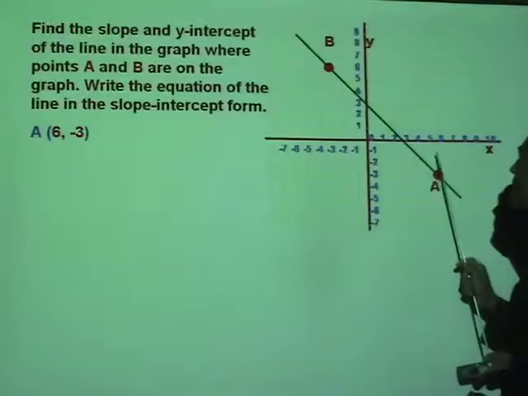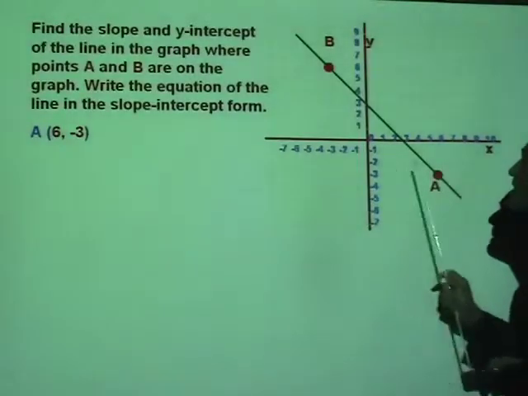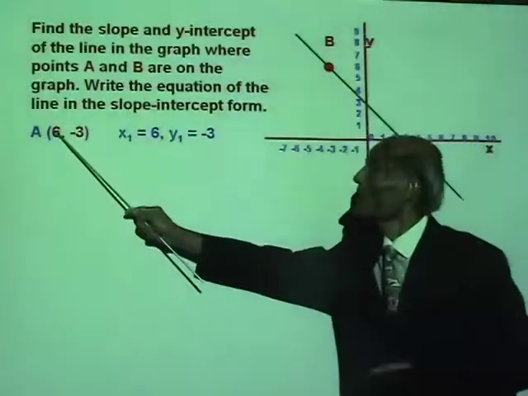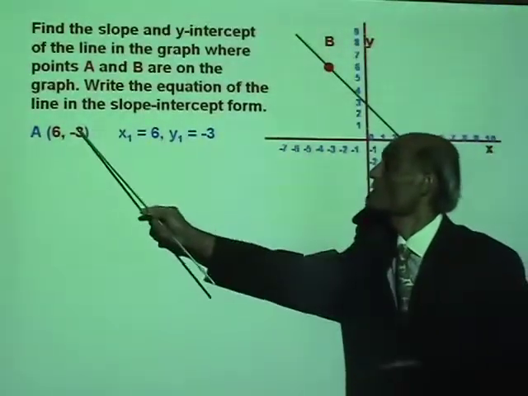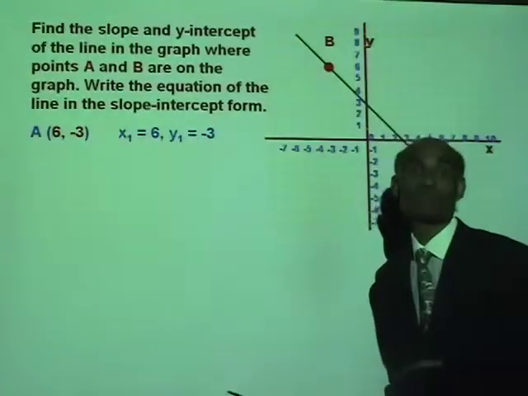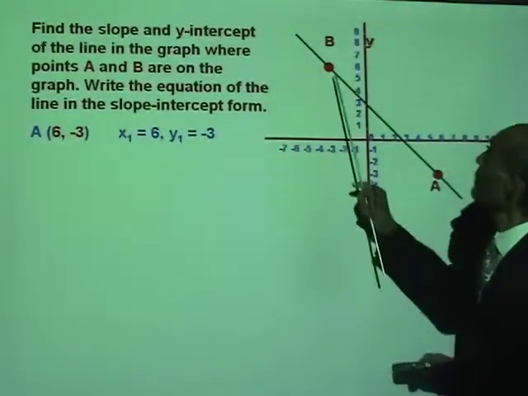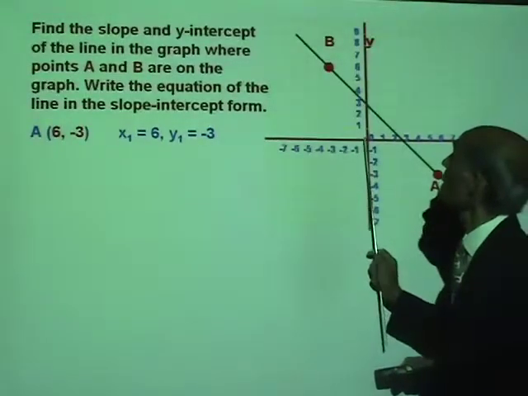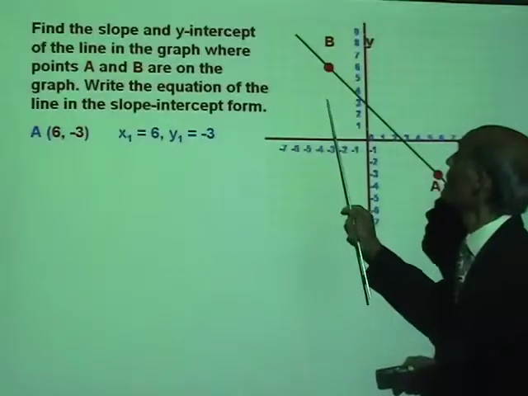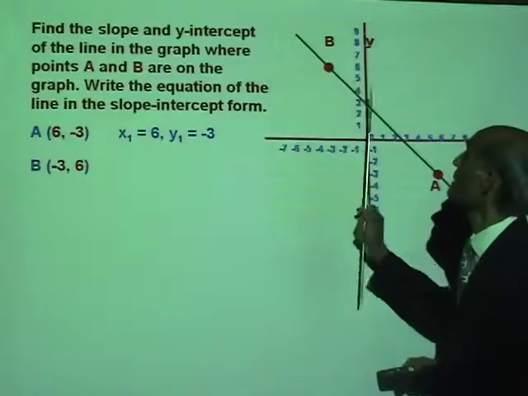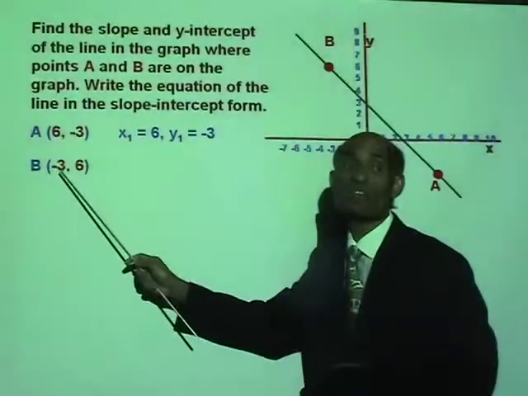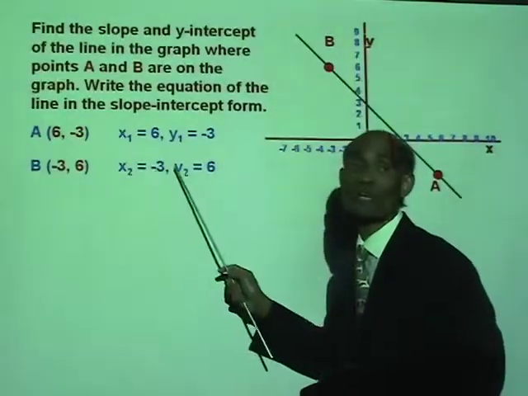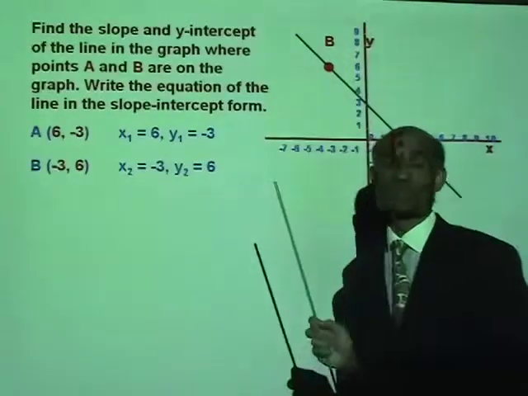So point A is (6, -3). That means your x1 equal to 6, your y1 equal to -3. And what is point B? Point B is x equal to -3, y equal to 6. Therefore, point B is (-3, 6), x2 equal to -3, y2 equal to 6.